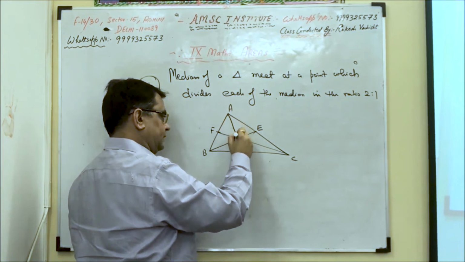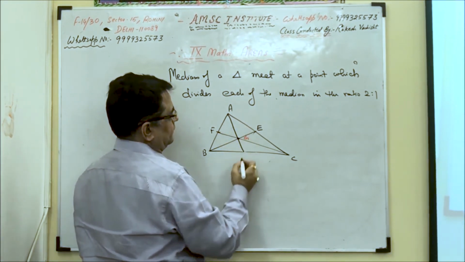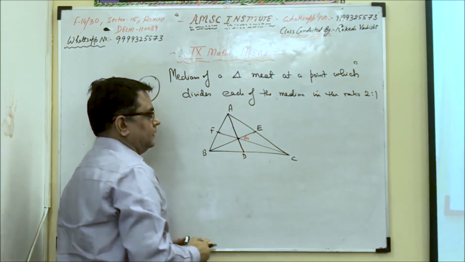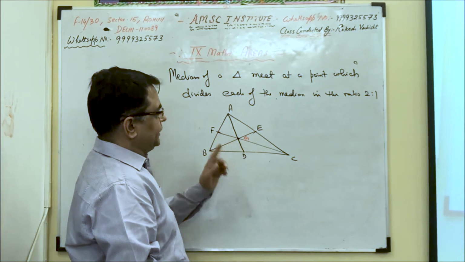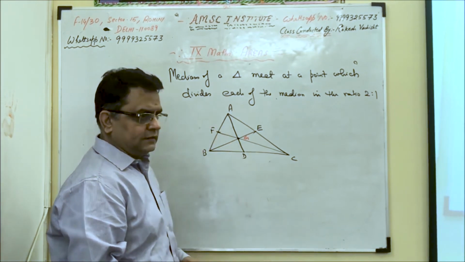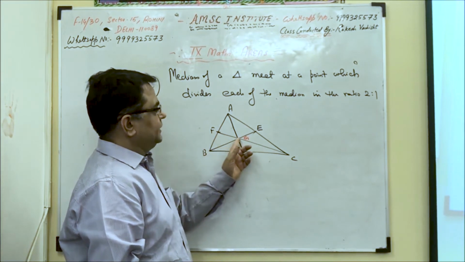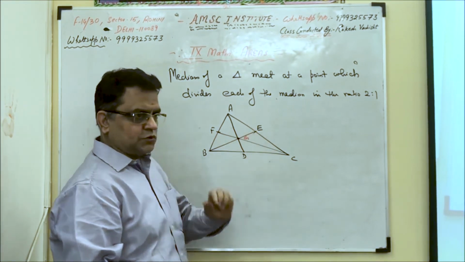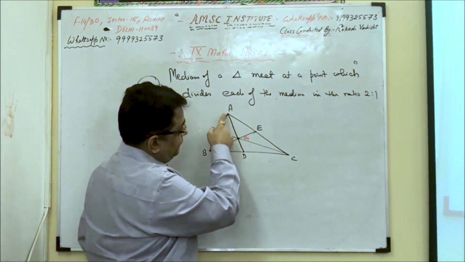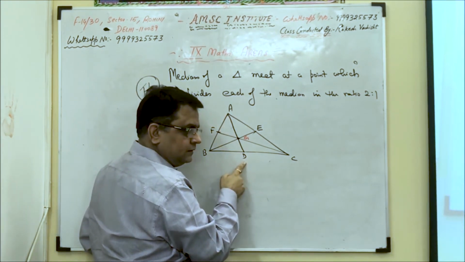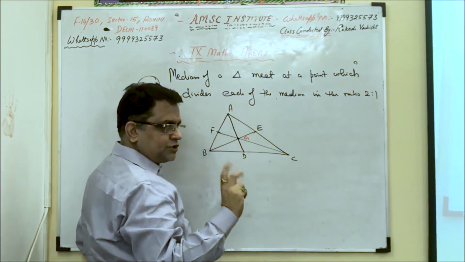We have to prove AD is also the median, and the point G divides all three medians in the ratio DG by GE as 2:1. That is, this point G divides this median AD in the ratio AG by GD as 2:1.